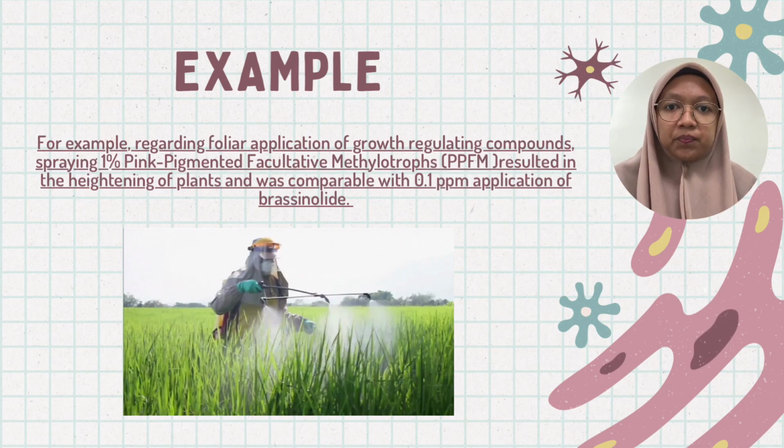Spraying of PPFM might have stimulated the growth and plant height by increasing the amount of auxin and cytokinin in rice. Increasing moisture stress significantly resulted in a decrease in plant height under control for foliar application of growth regulating compounds.